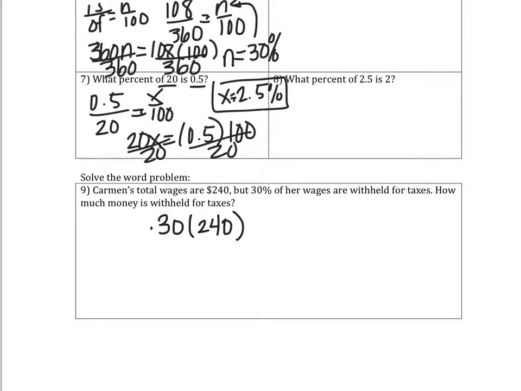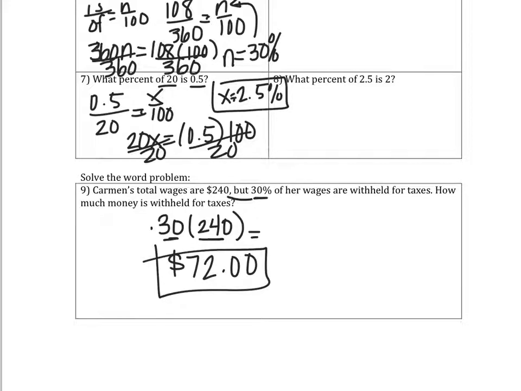Multiply that out, and that is going to be $72. So 30% of the 240 equals $72.